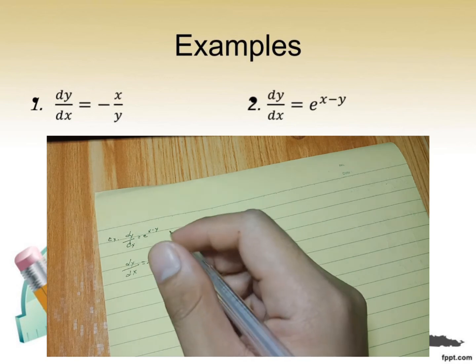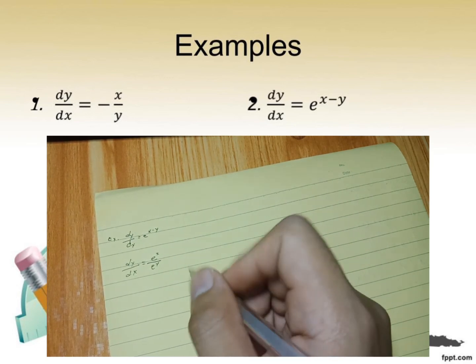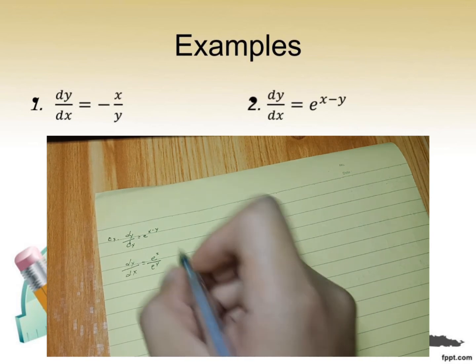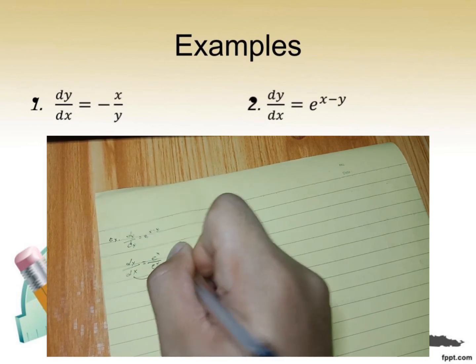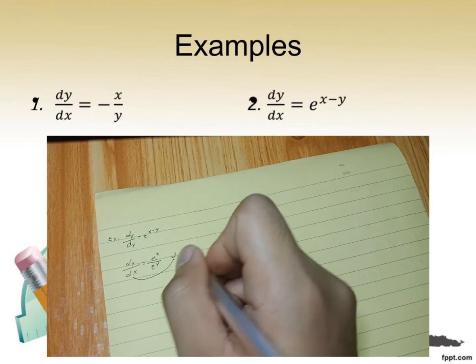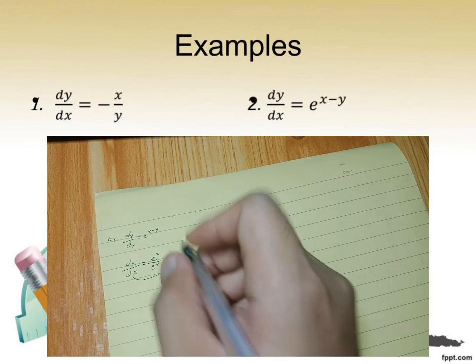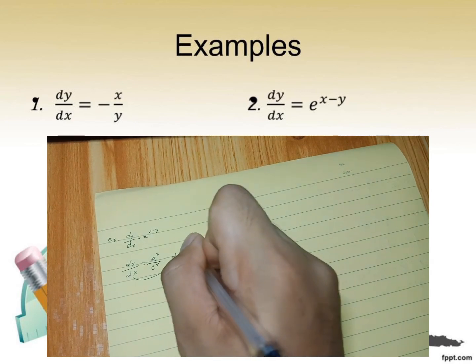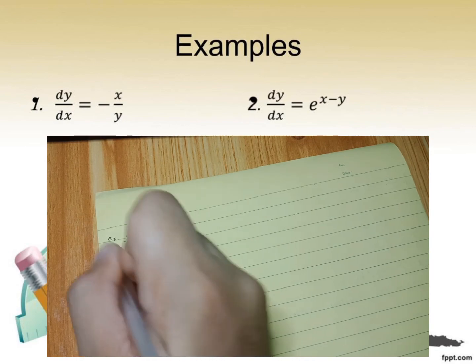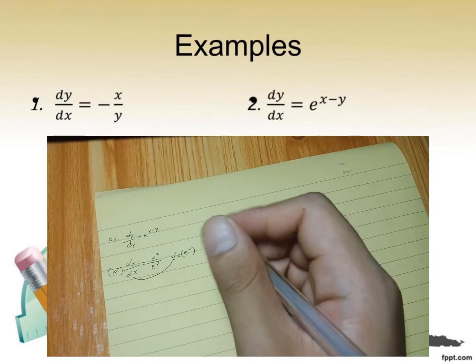The next step is to move the dx over. Move the dx here and multiply both sides by e to the y.